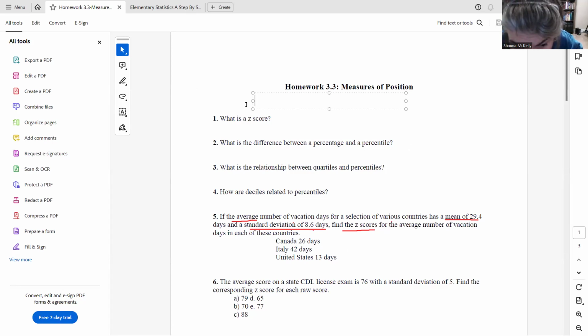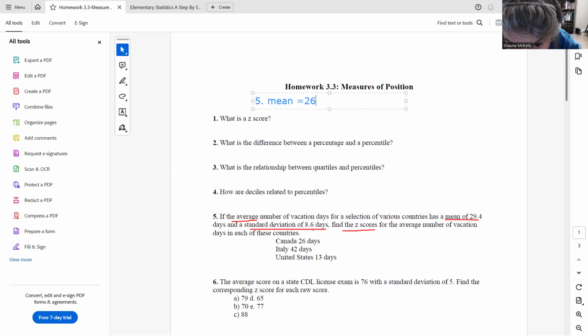I'm going to say number 5 here. We're doing Canada, and the average number of days. So the mean, remember, average and mean in this case are pretty much synonymous. The mean is 26 days.